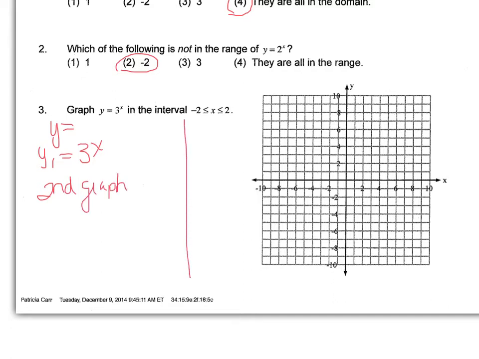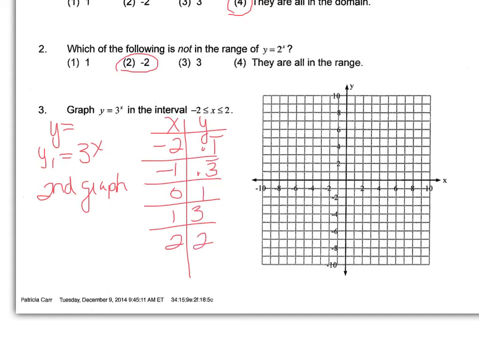We're going to give the chart from -2 to +2. And we're going to get 1/9, 1/3, 1, 3, 9. Okay, let's actually graph this and see what we have.